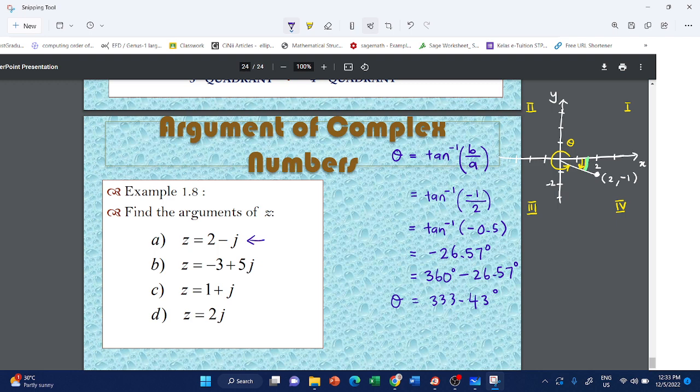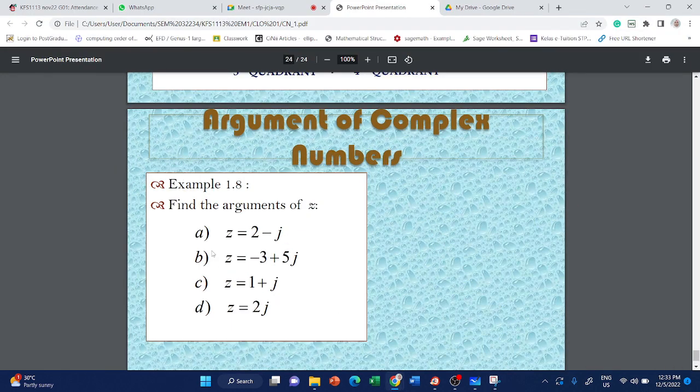Okay, so I will choose another example. Which one do you want to choose? I'm not going to show all. Do you want B, C, or D? Not D, because your X is 0, so there is no angle for these two.